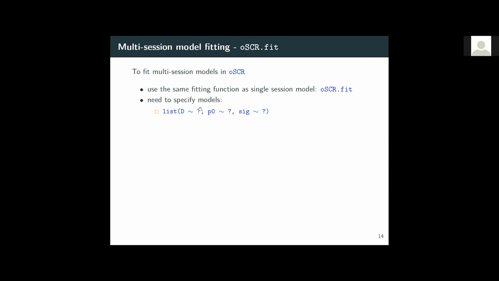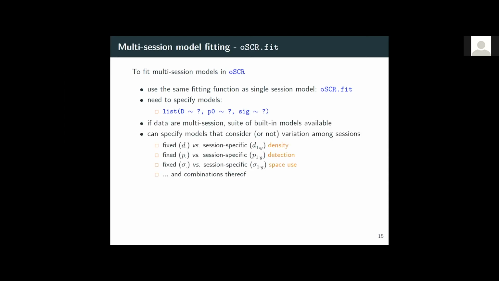This is where we move beyond that SCR null model that we saw yesterday, the null model, ~1, ~1, ~1. What we can actually do is utilize the fact that we know that there's session structure, we know the likelihood is set up to deal with that session structure, and we know the data objects are set up to deal with that session structure. So now we can have that SCR null, but we can also specify session-specific parameters.